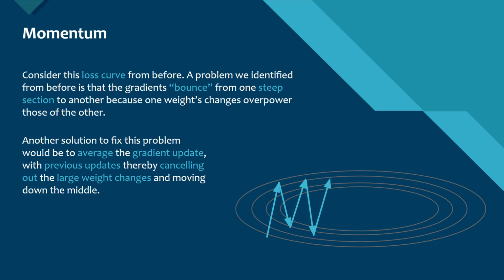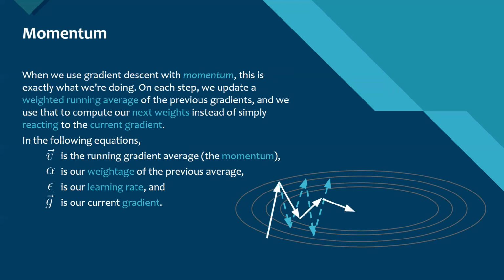So why don't we just keep that running average and add it to our gradient descent? And that's precisely what we do. We keep a running gradient average, which we denote as v, which is basically momentum. We have an alpha that weights the past gradient steps, because we don't want gradient steps from too long ago affecting our current one.